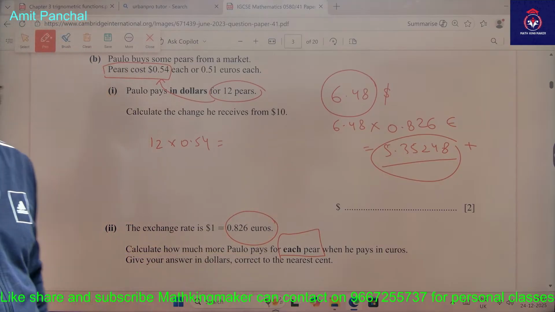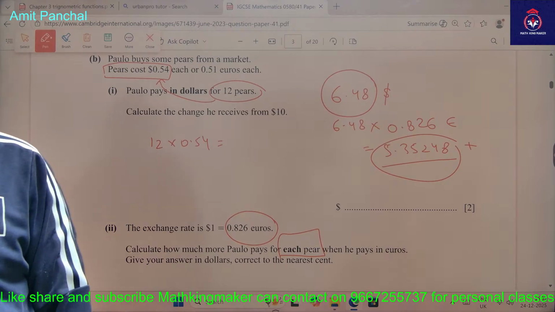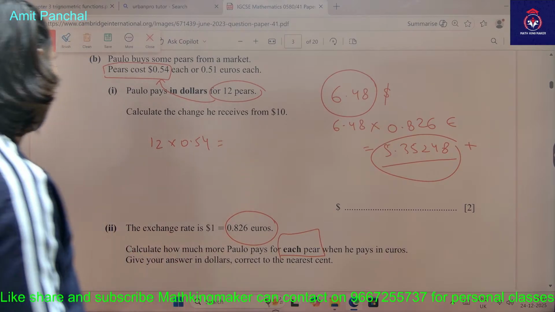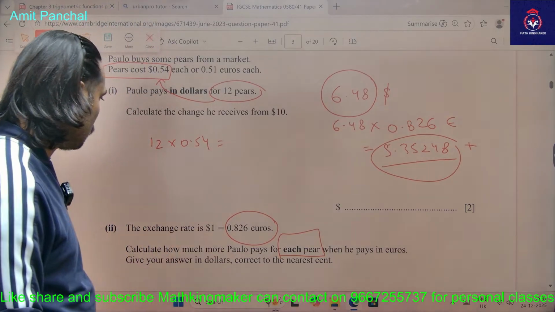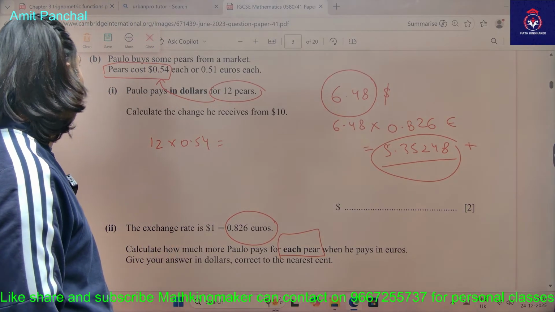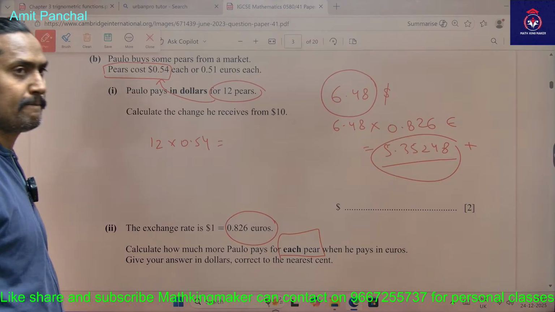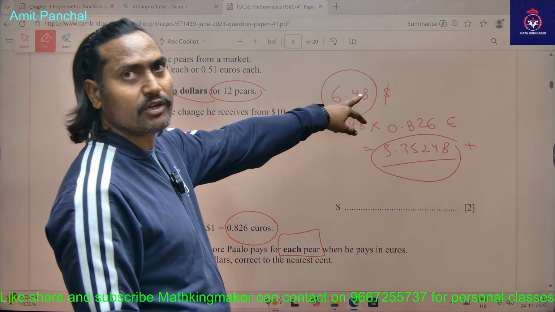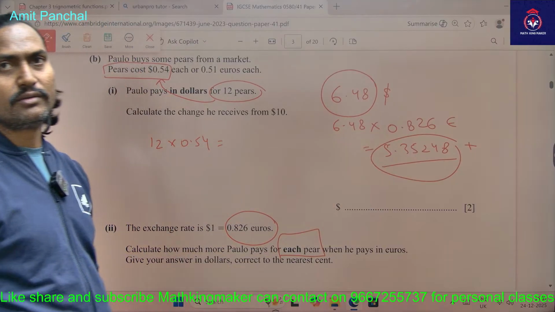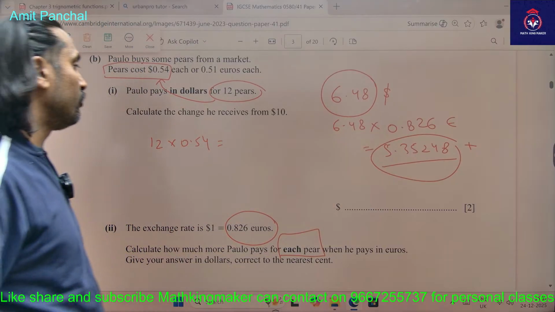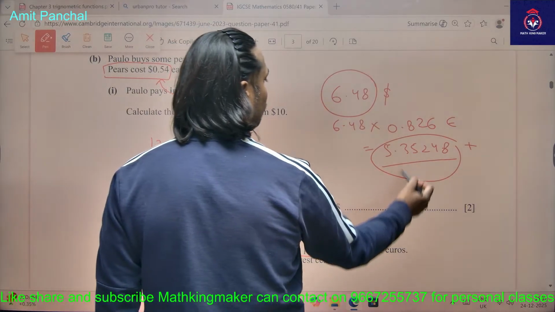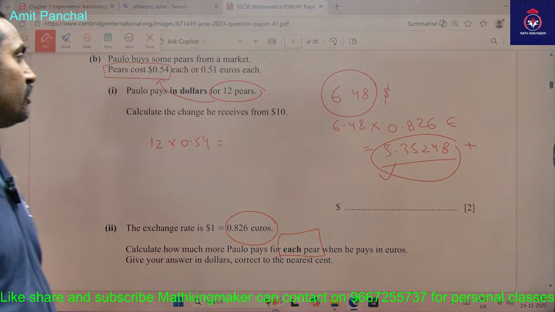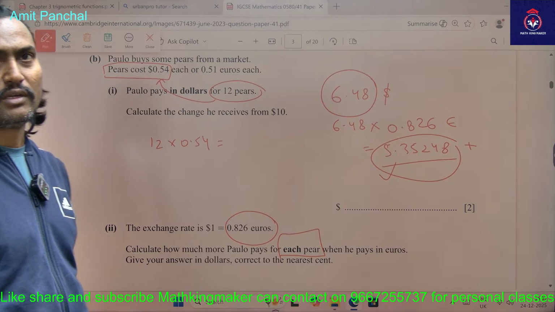It means if you want to exchange $1, you have to give 0.826 euros, isn't it? So how much in dollars are you paying? You're paying $6.48. So for $6.48, that will be the exchange in euros. That is 5.35248.